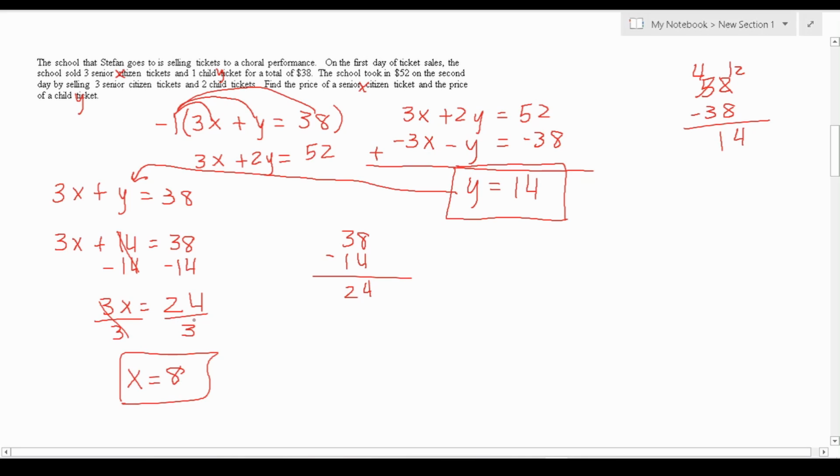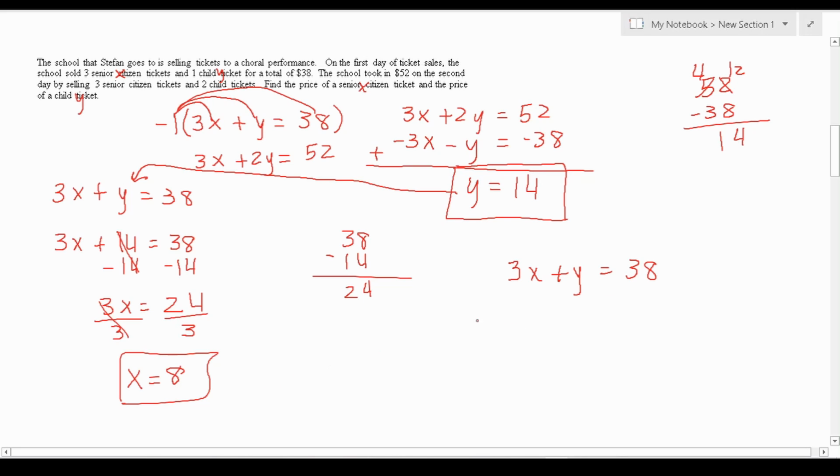And if you recall from yesterday, it's always a good idea to check your work just to make sure you did it correctly. To check your work, you can simply plug these two variables, namely x and y, into either of the original equations and see if it makes a true statement. So again, working with the first equation, we had 3x + y = 38.